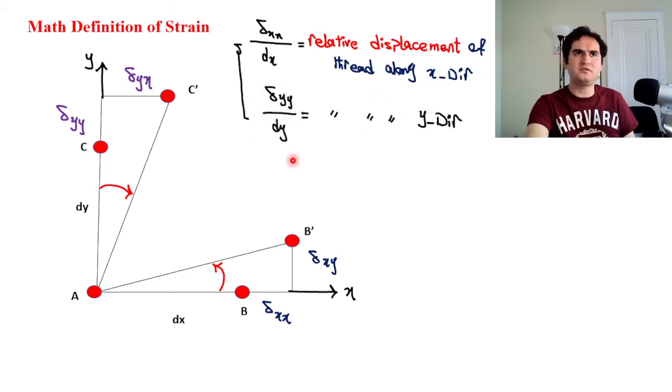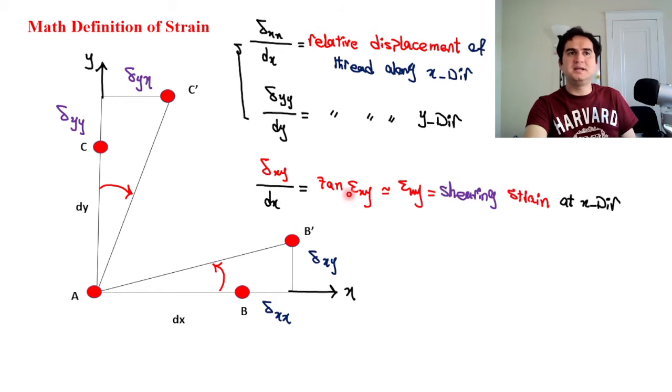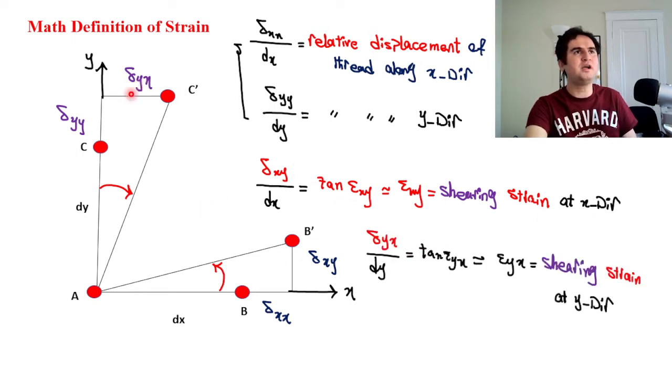Likewise, delta yy over dy is called the relative displacement of the thread along the y direction, and delta xy over dx is equal to the tangent of delta xy, and if the angle is small enough, the tangent of any angle would be equal to the same angle, and that is called the shearing strain in the x direction. Likewise, delta yx over dy is called the shearing strain in the y direction.